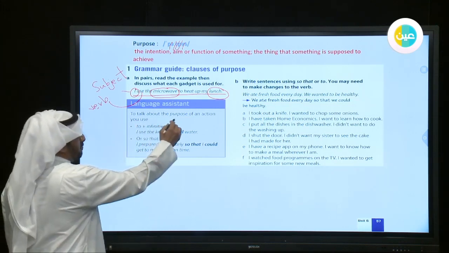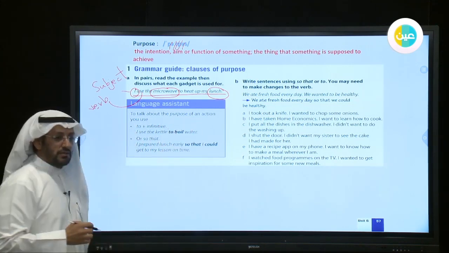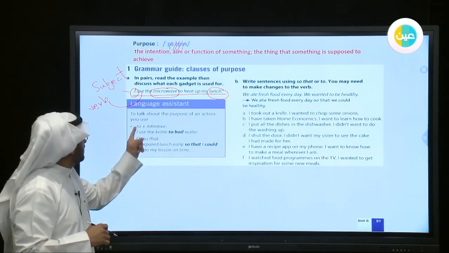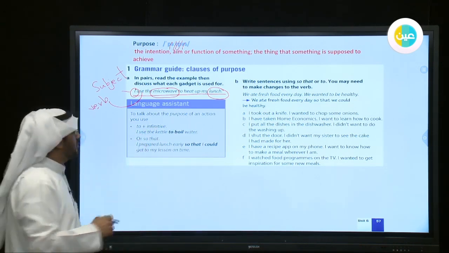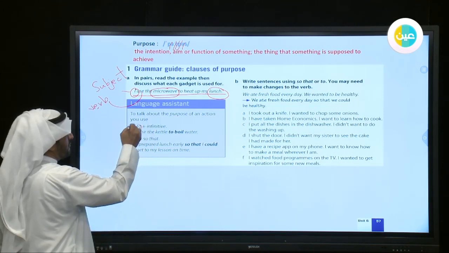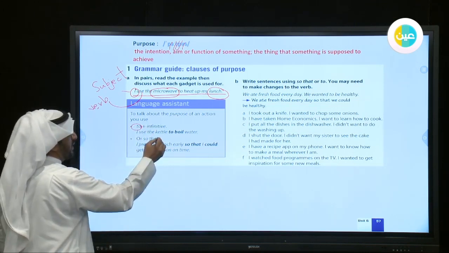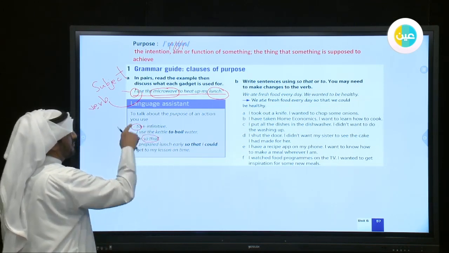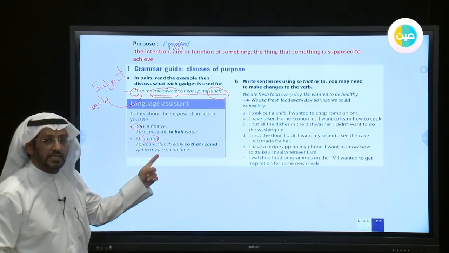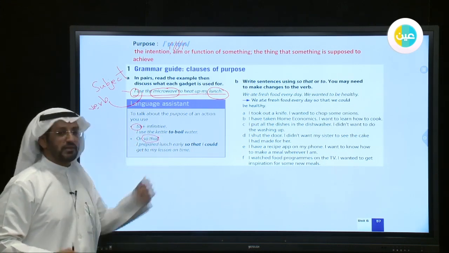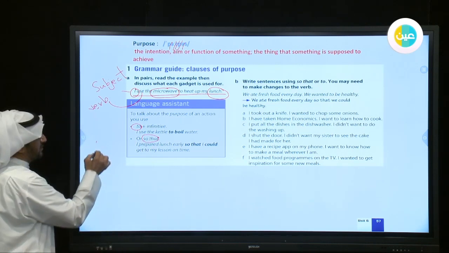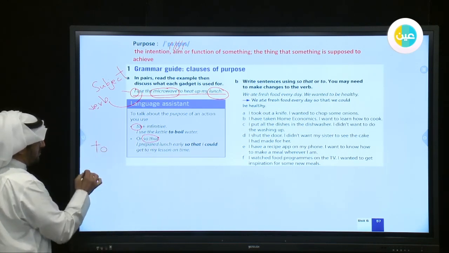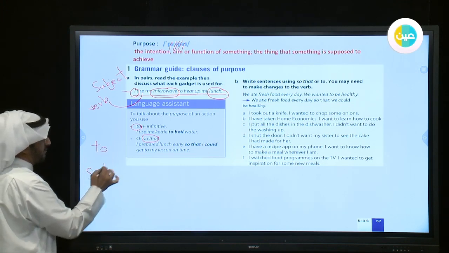To talk about the purpose of an action, you must use this form: to, or so that. First one, to. Second, so that.